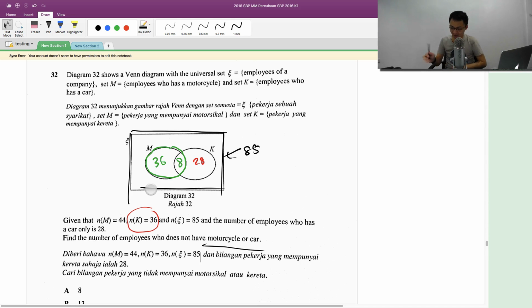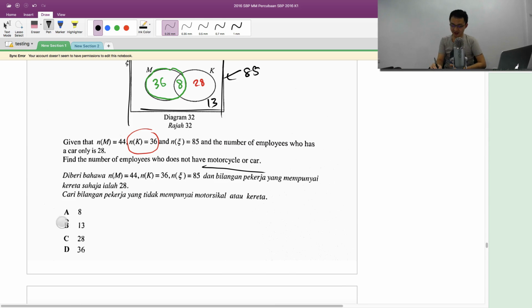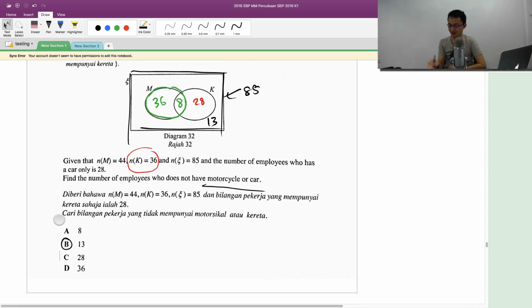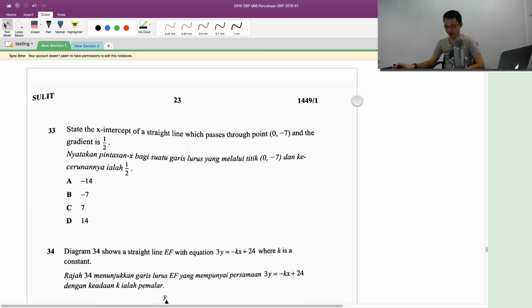You minus all the numbers, so you get the outside is 13. So you have 13 employees who do not have a motorcycle and do not have a car as well. So the answer is 13. You should know how to solve the outside: just use 85 minus whatever number is inside your sets. So you just minus 36, minus 8, minus 28. Something like that. Alright, so let's move on to 33.